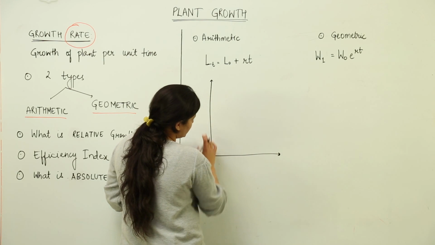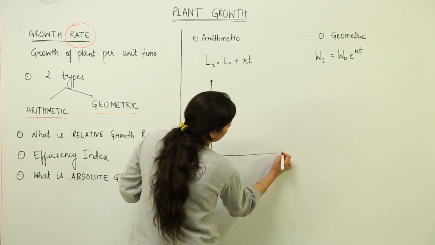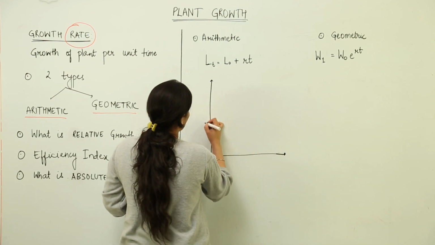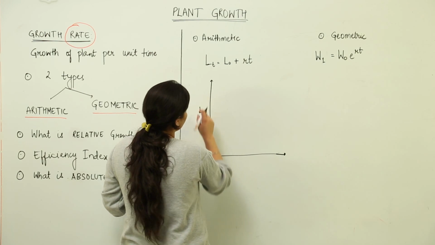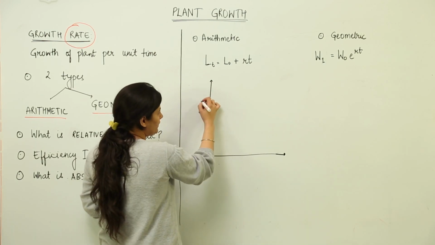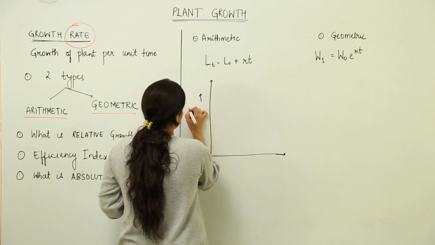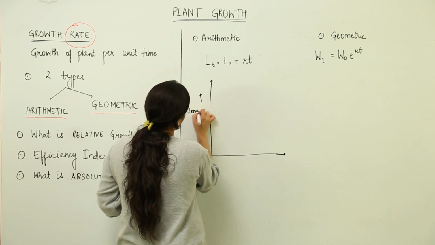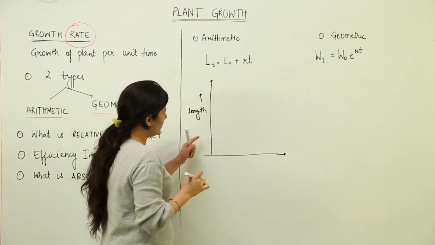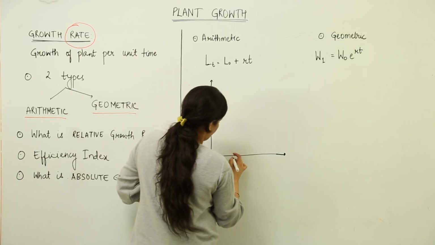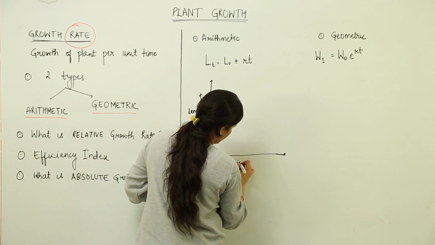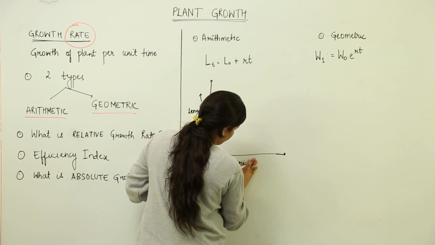So on the y-axis, I am going to take the parameter being considered, length, L, which denotes length over here. Let me write it. Length along the y-axis and time is shown on the x-axis.